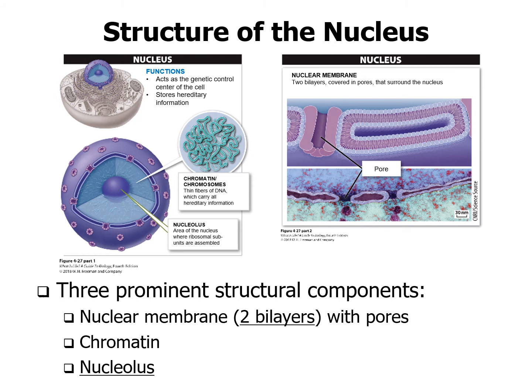And then the other thing that it's going to contain is the nucleolus. I mentioned the nucleolus before. It is what is on the very inside of the nucleus. And this is the area of the nucleus where ribosomal subunits are assembled. So again, back to those ribosomes.